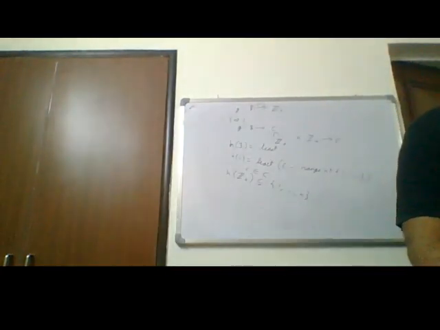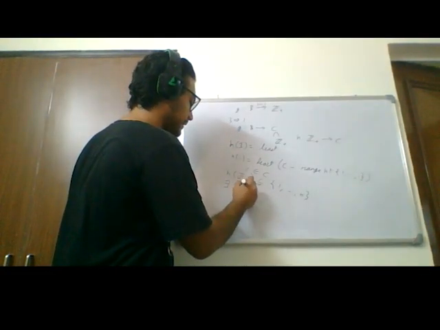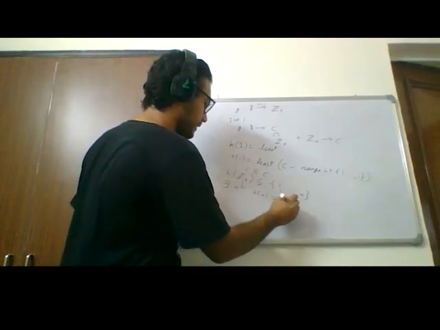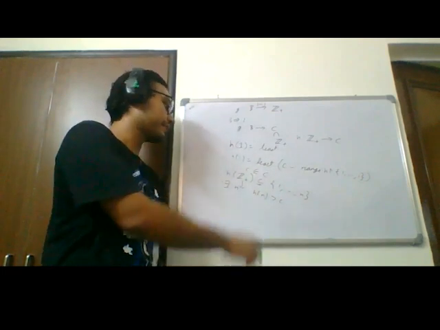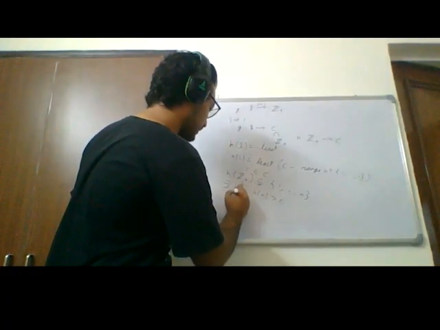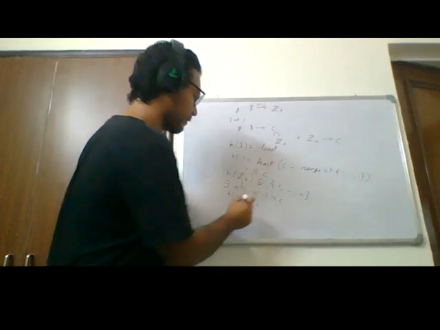So for every c in C, there exists n in Z plus such that h of n is greater than or equal to c. You take the set of all such n and take the least, and let's call that h of m. So that's greater than or equal to c by definition.